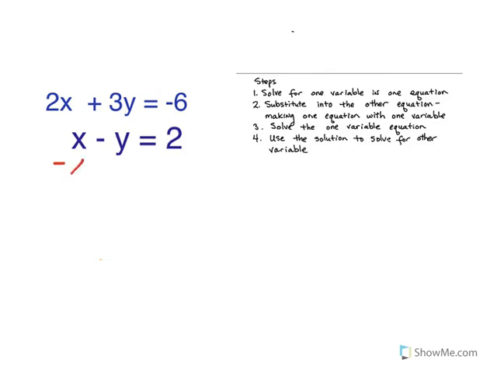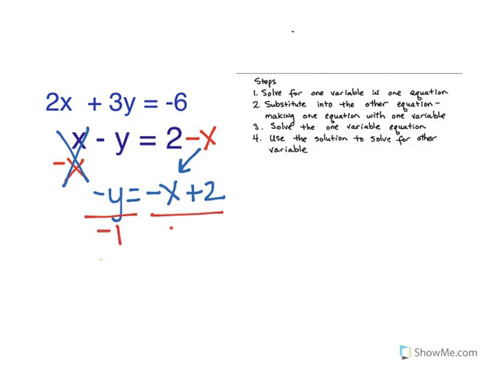So we would subtract x from both sides because x is positive, and we want to isolate y to get y by itself. So then this is going to leave us with negative y equals, I'm going to put my x first, negative x plus, because that's a positive 2, and then I'm going to divide by negative 1, because I can't have a negative variable.